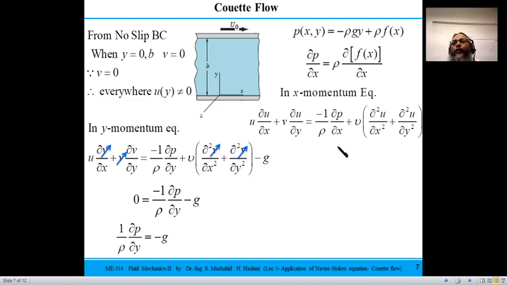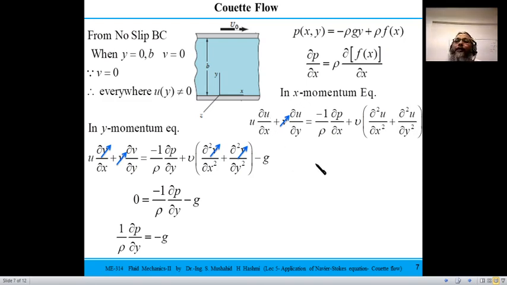Okay, let's see the x momentum equation. In the x momentum equation, you know that ∂u/∂x would be 0 because of this so-called first of all, v is 0, because whether it's an x momentum or a y momentum, your v component is 0. So v is 0 here, so you get rid of this term, but it is u because it's an x momentum equation.